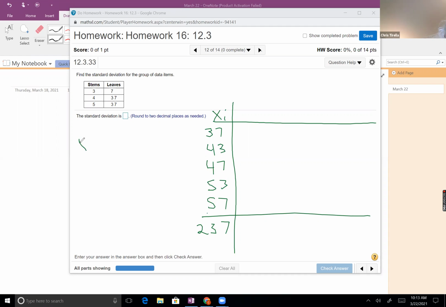Then for our mean, we're going to take that 237 and divide it by the number of numbers that we have, which is 5. So our mean is 47.4. In this column, I'm just going to put that 47.4.